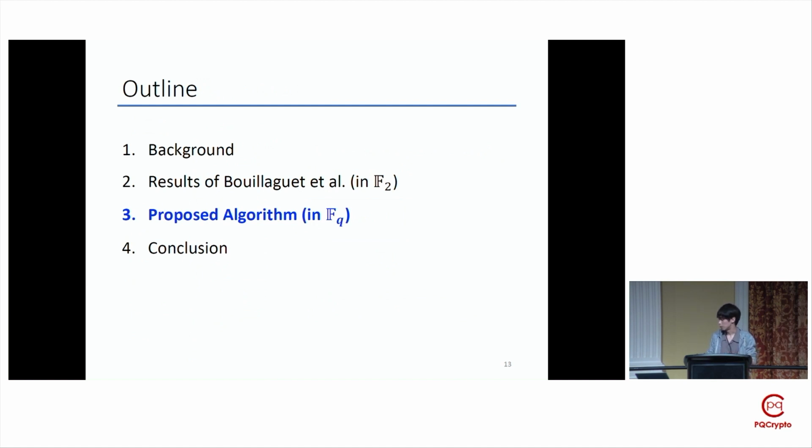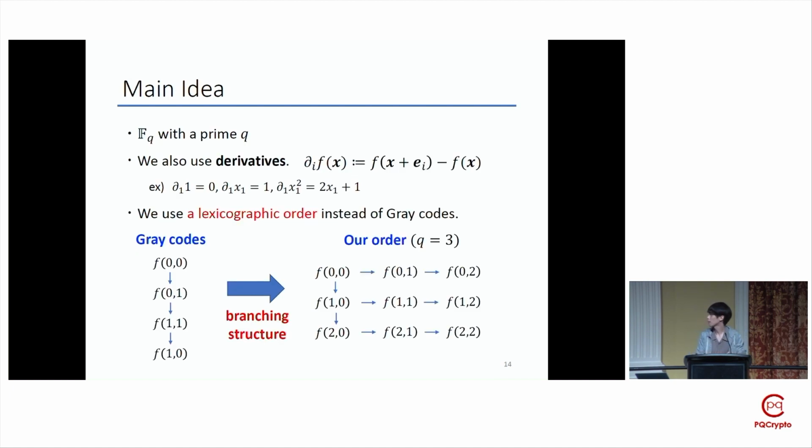Next, about our proposed algorithm in the finite field F_q. We here suppose that q is a prime number, and we also use derivatives in F_q defined like this: ∂_i f(x) equals f(x plus e_i) minus f(x). Our enumeration algorithm uses lexicographic ordering instead of the gray codes used in the enumeration algorithm of Bouillaguet et al.